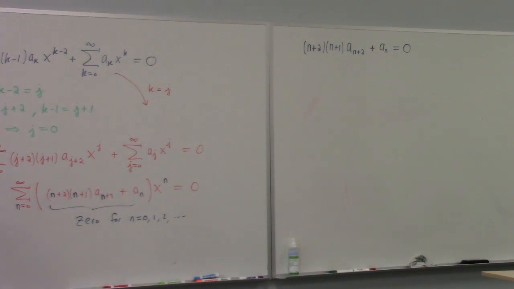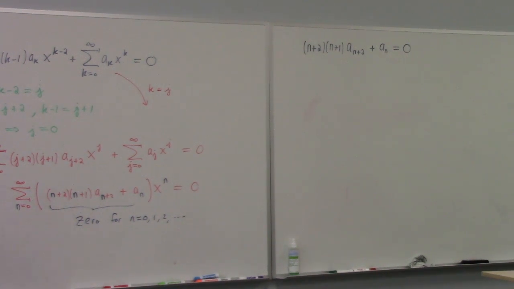In other words, it works the same as polynomials. If I have something like ax squared plus bx plus c equals 0 for all x, that's the thing, for all x, then a, b, and c are all 0. So we know that statement goes to 0 because the whole sum is equal to 0.